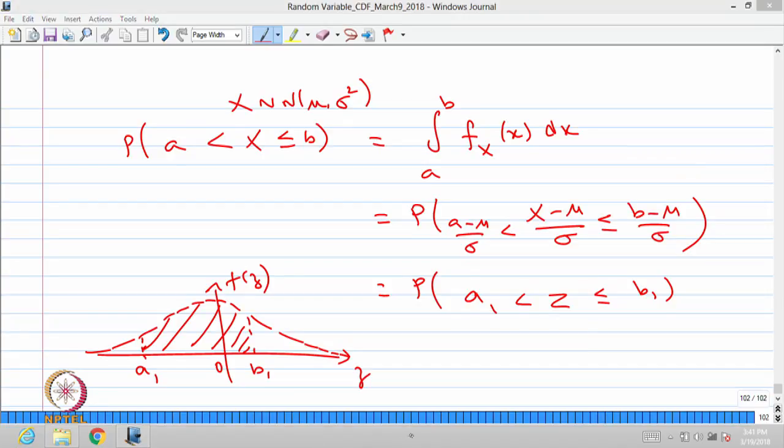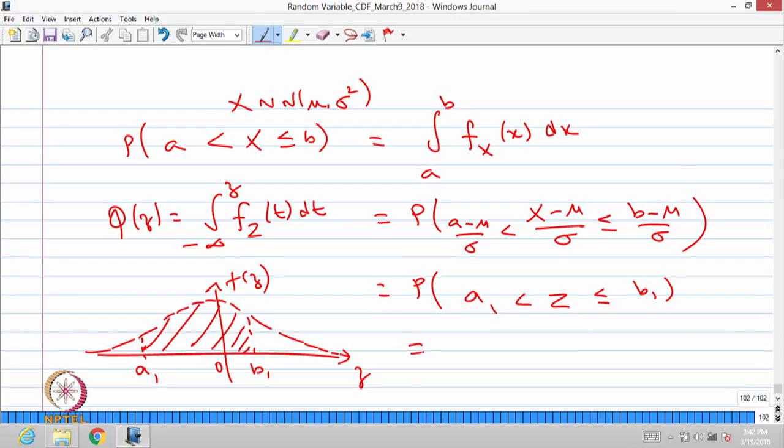Therefore, for this I am going to introduce one more notation. Psi of z is nothing but the integral from minus infinity to z of the probability density function of the standard normal distribution. Psi of z is the CDF at the point z for the standard normal distribution.